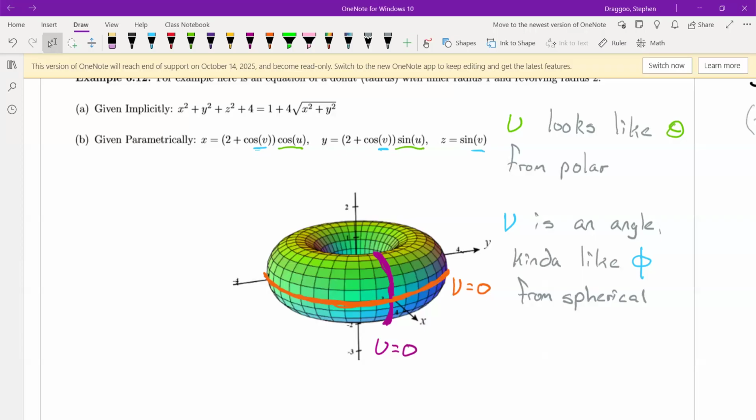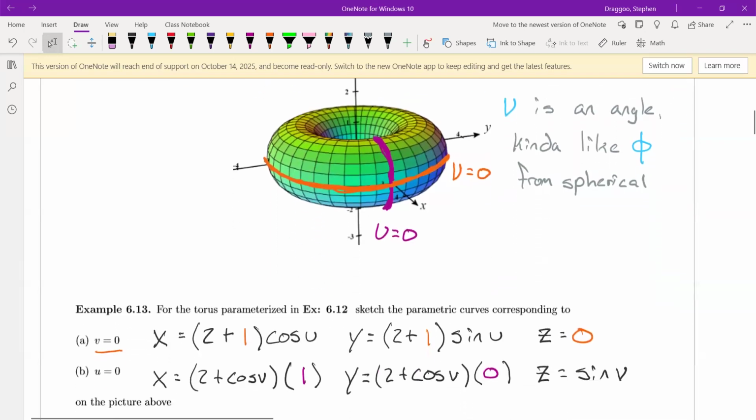So in particular, if I'm looking at the orange line that I've drawn in, I think that that's taking me a trip all the way around the u parameter, which again, I want to be thinking of as theta. That orange line is taking me all the way around theta, where the pink or magenta line I've drawn in is taking me one trip around phi. Those are the two axes or the two spots where I'm going to see the unit circles show up for u and for v.